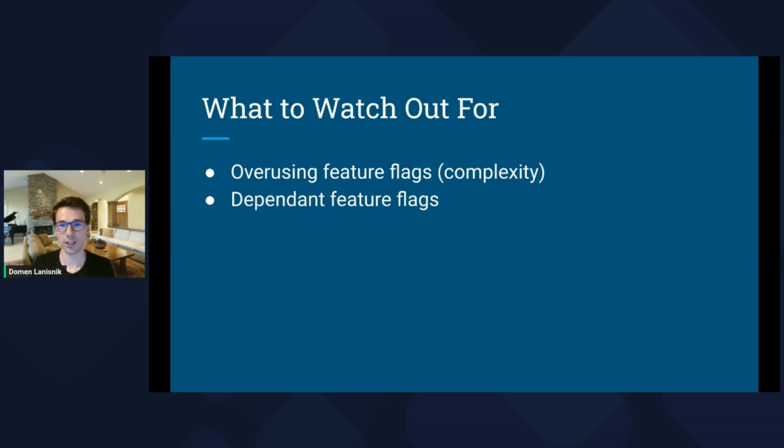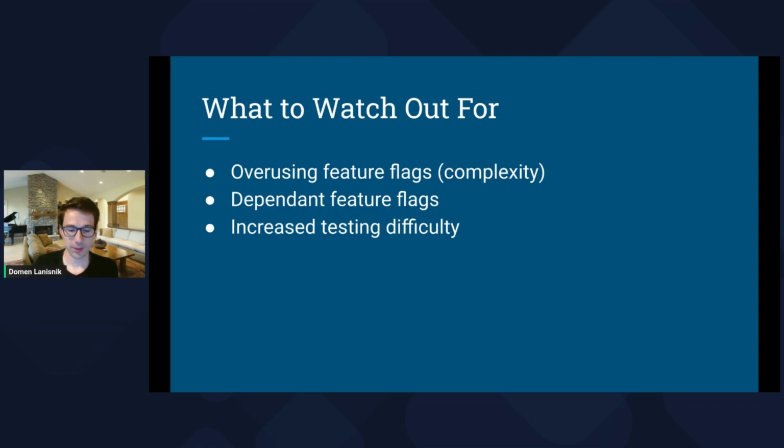Because suddenly you have combinations that you need to check out, and this becomes really hard to maintain and reason about. So it's really important to be pragmatic with what you use a feature flag for.